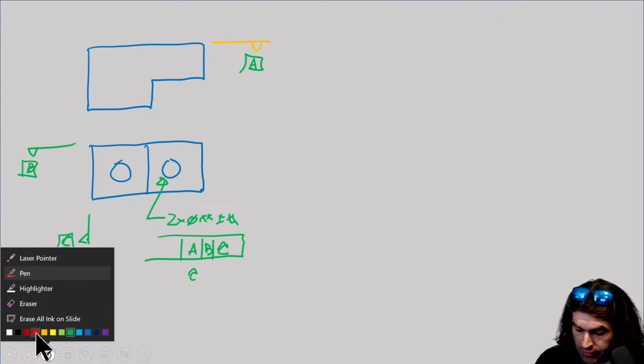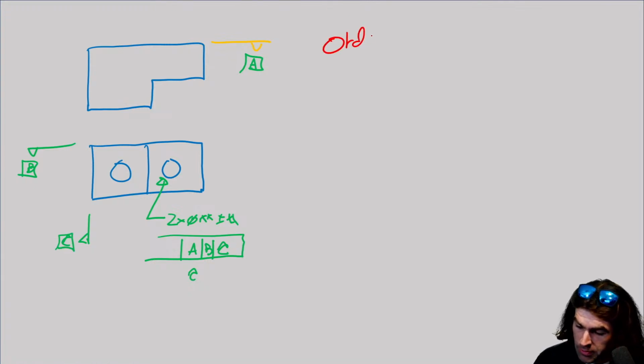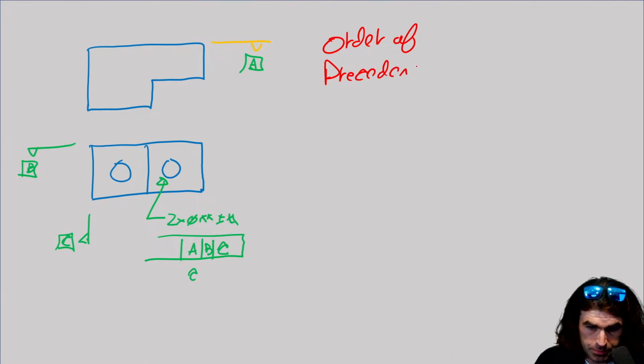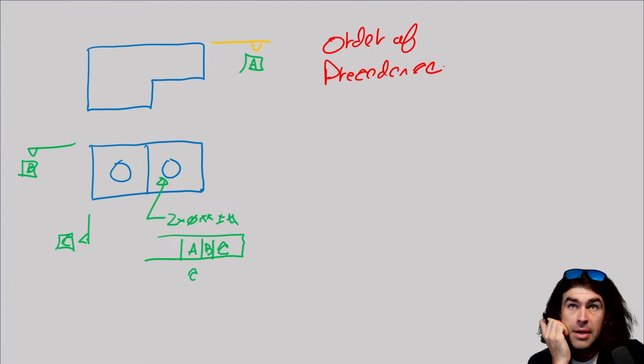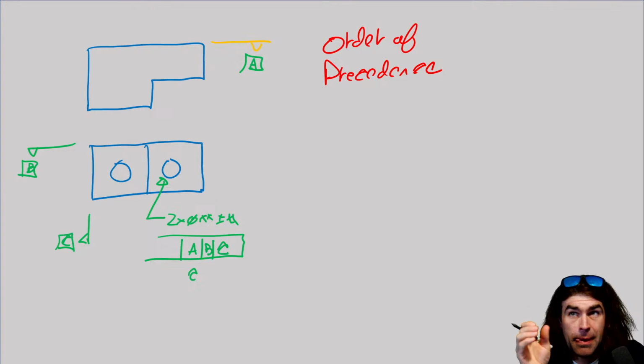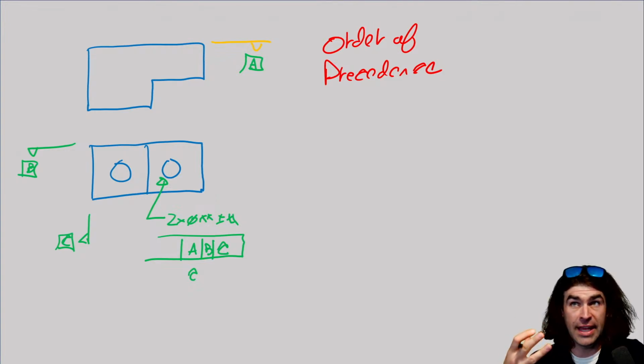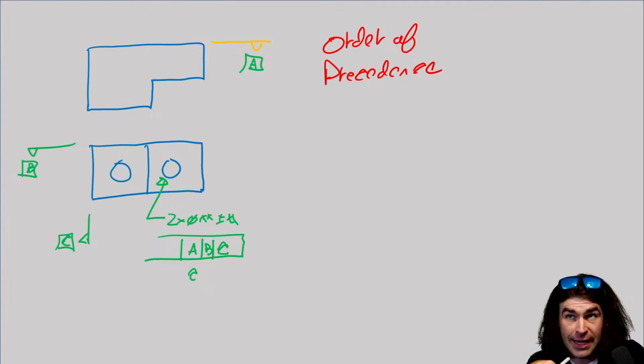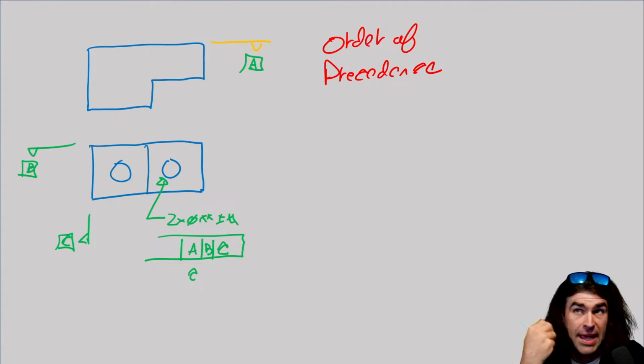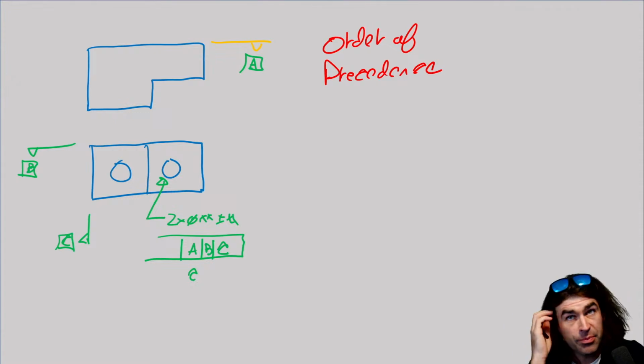In our datum reference frame, our order of precedence means that our primary is going to take away as many degrees of freedom as that feature physically can. So we've established that a plane will take away 3 maximum. That's all it can take away.